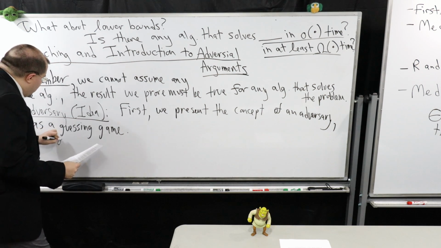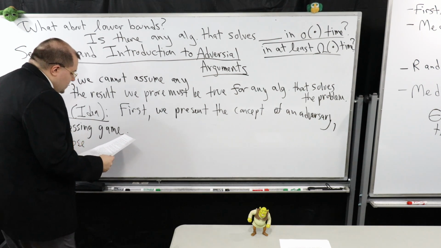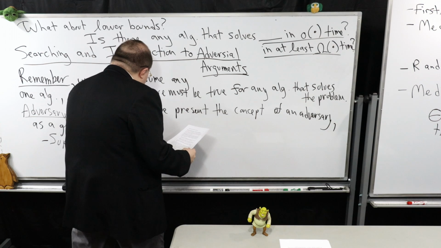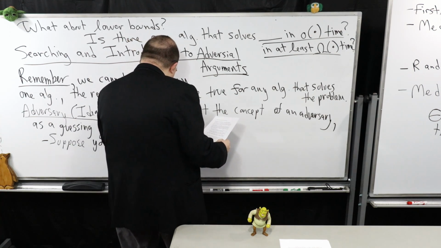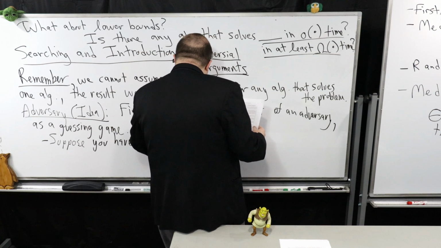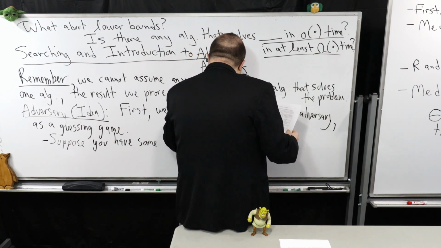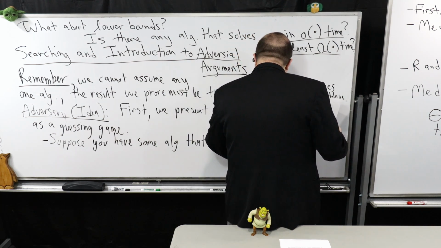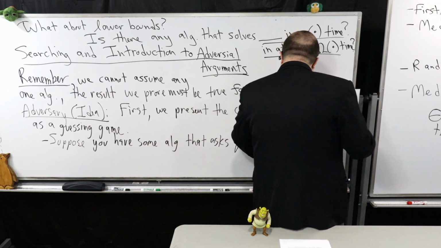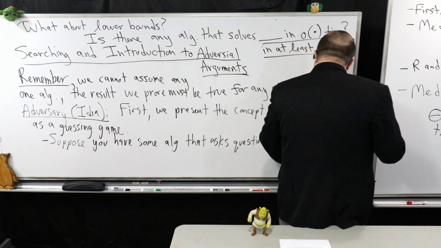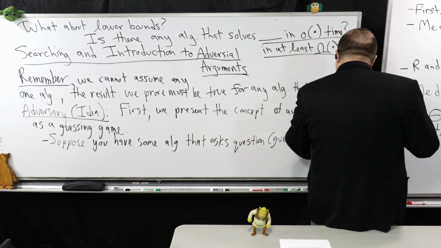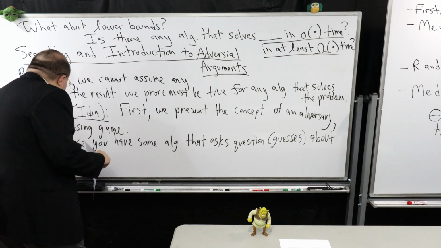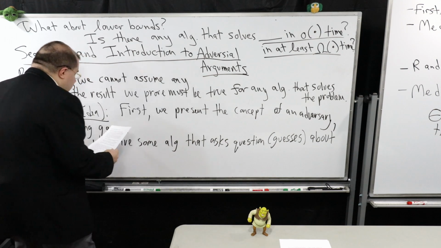So we're going to think about this like a guessing game. I want to first suppose you have some algorithm that asks questions. You can think of these as guesses about the input.